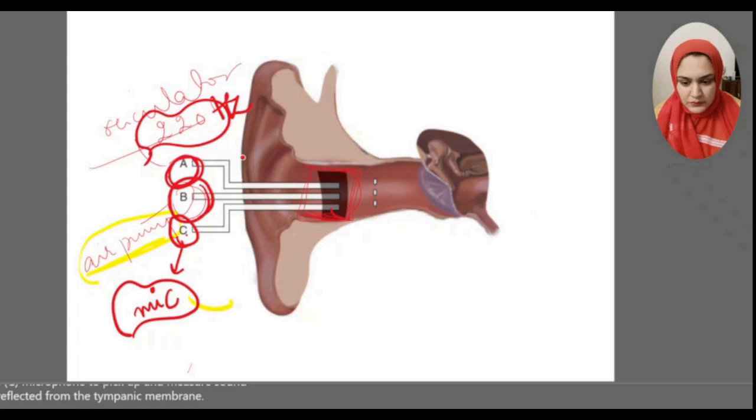When we introduce sound in the external auditory canal, it reaches the tympanic membrane. Then the air pump varies the pressure in the external auditory canal, which has an effect on the tympanic membrane. And then the mic picks up the sound pressure level that is reflected off the tympanic membrane.